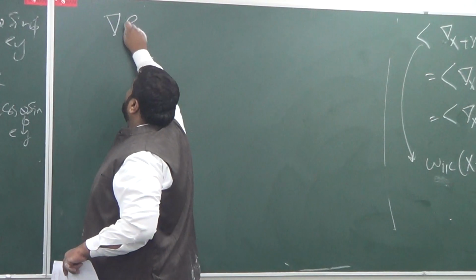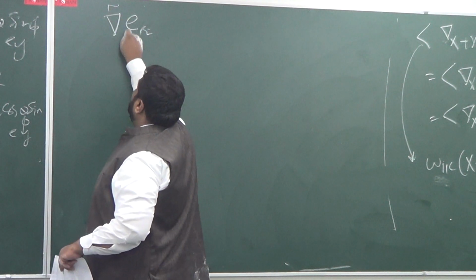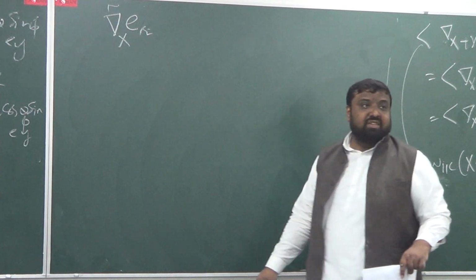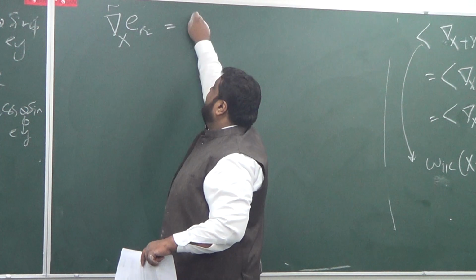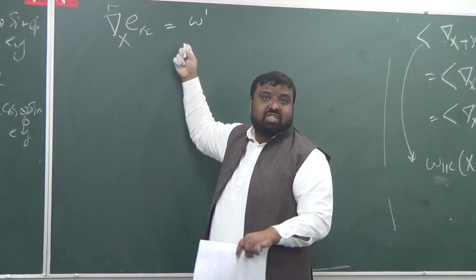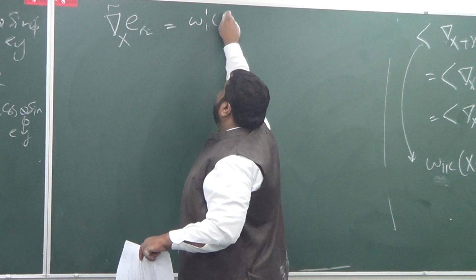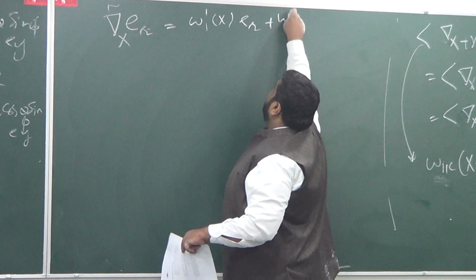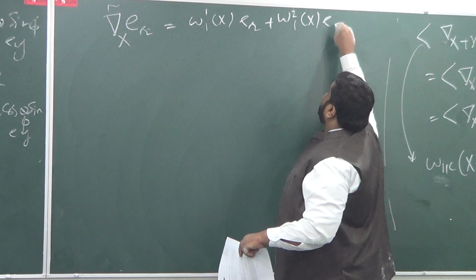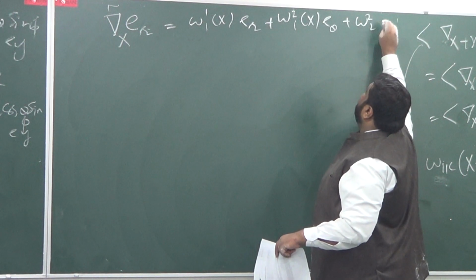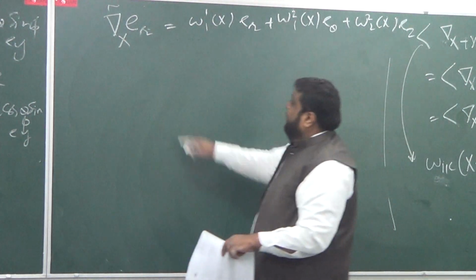In other words, if I take the covariant derivative of Er and want to compute it in the direction of some vector, this is not necessarily 0. So you're going to get some coefficients as a result here. You can compute it: W11(X) Er plus W21(X) E theta plus W22(X) Ez. How can I compute this?